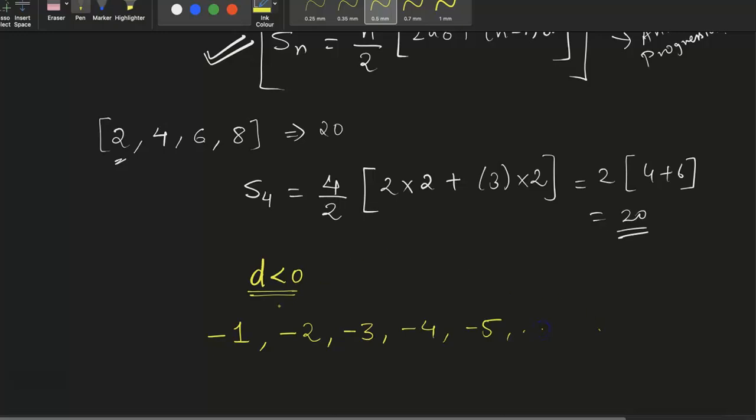All the things will be the same. The common difference is going to be minus 1, minus 1, minus 1. So d is going to be minus 1. And a0 equal to minus 1 is also possible, or also minus 5. So it doesn't have to always be a positive number, it can be a negative number as well.